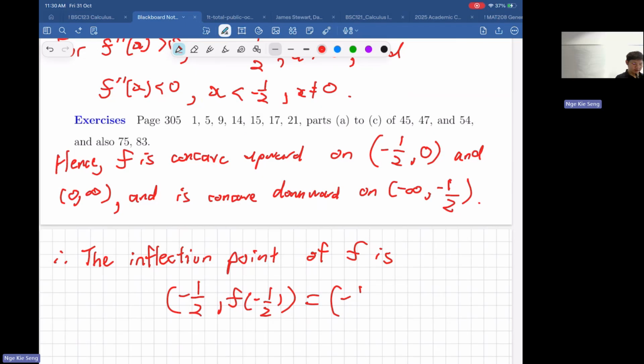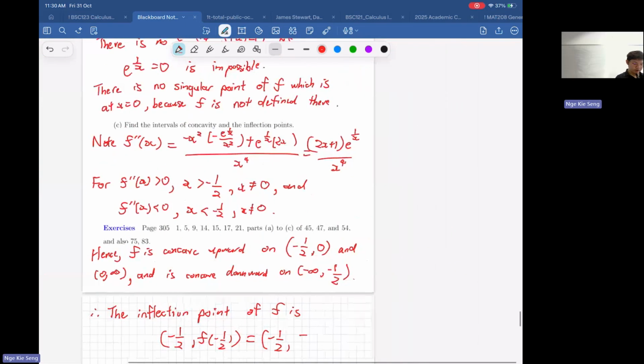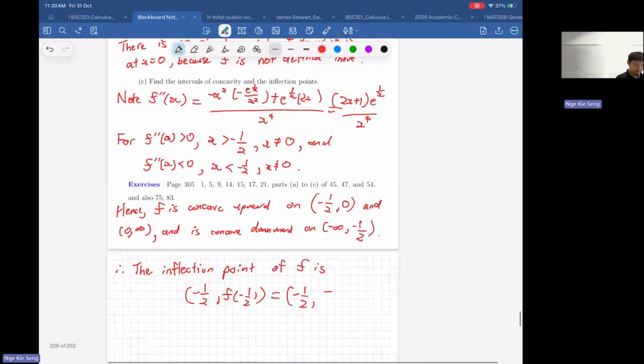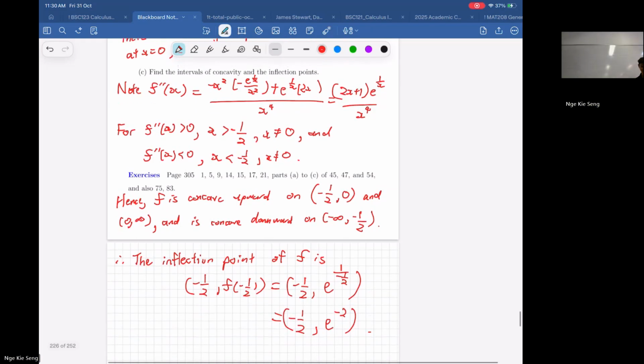What's this point? What's our formula? No, e to the 1 over x. So e to the 1 over minus half, which is minus half, e to the negative 2. So there is an inflection point.